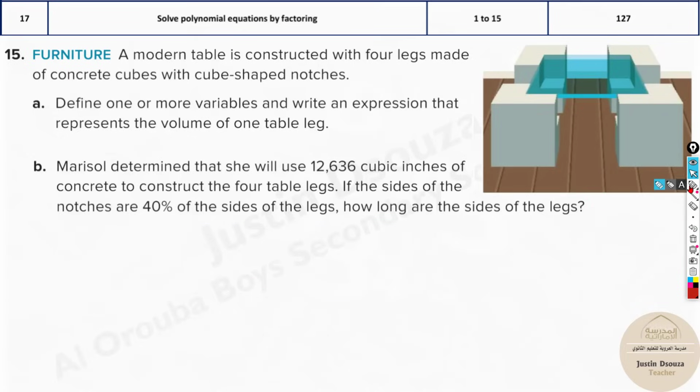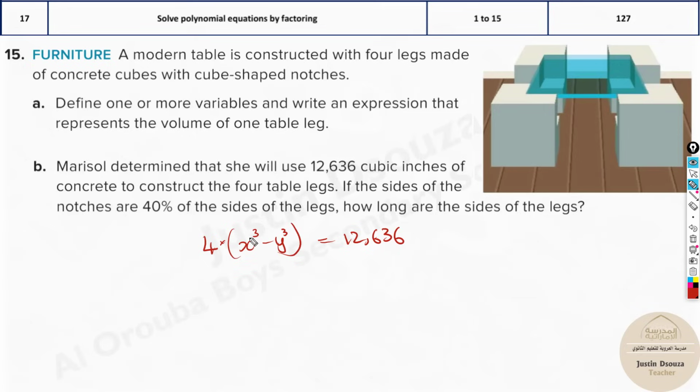They have given us the volume she will use for the 4 table legs. For 1 table leg, we found the volume to be x cube minus y cube, right? But for 4 it is 4 times. It's given as 12,636, for all the 4 legs.